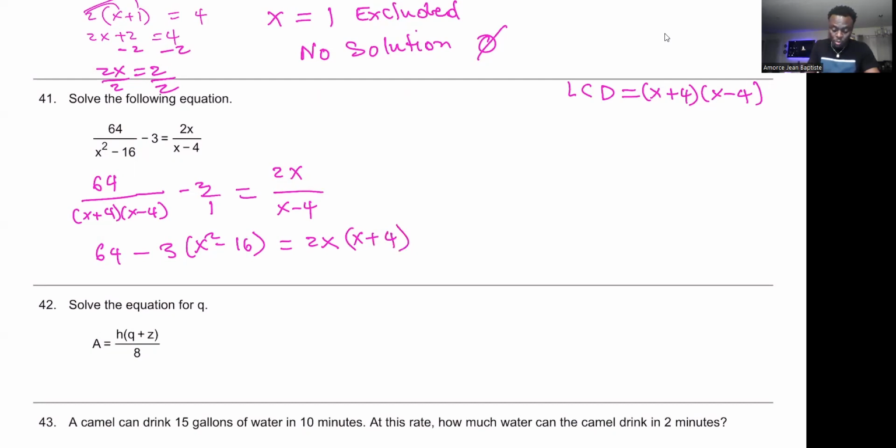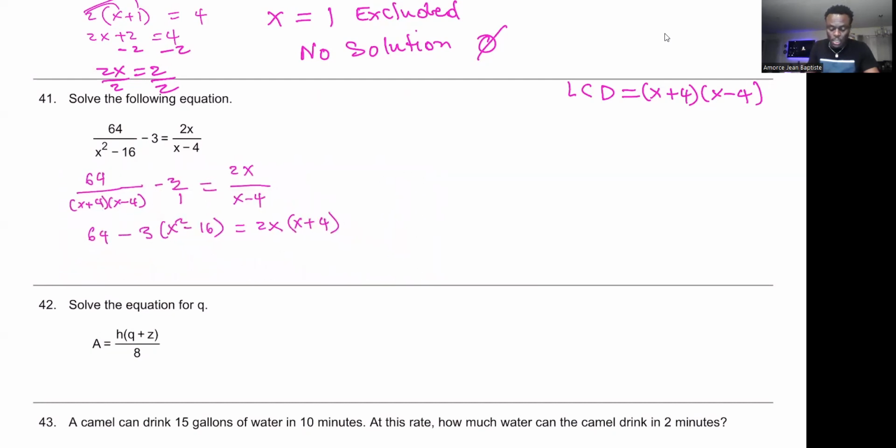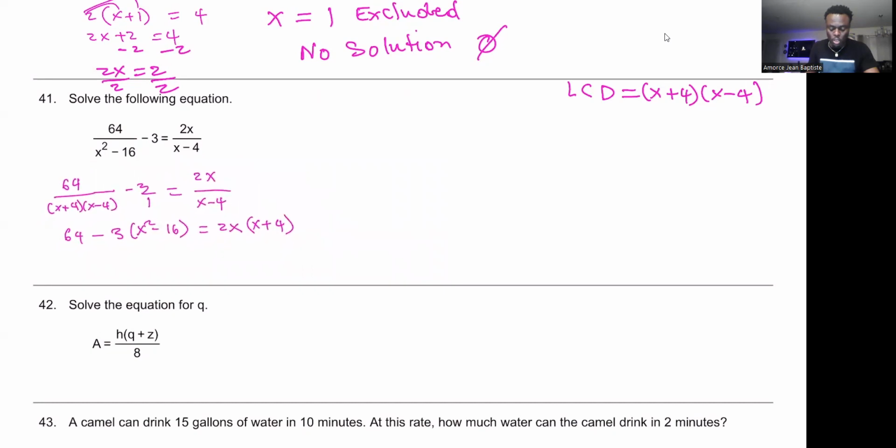And then what's next would be we need to solve this equation. Well, let's distribute. 64 minus 3x squared, that's plus 48 equals 2x squared plus 8x.